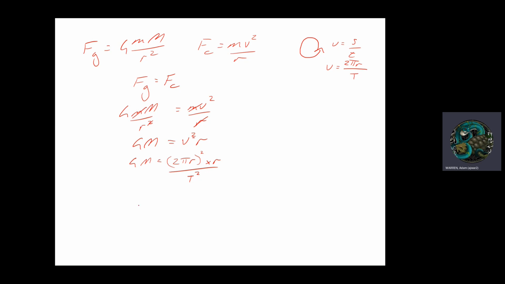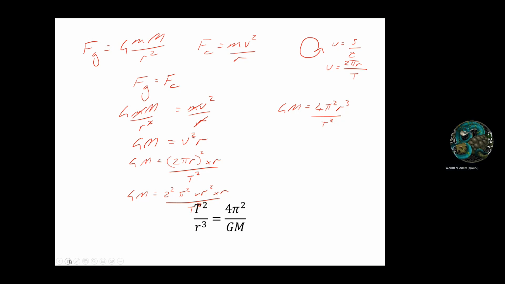So now let's expand that out and we get Gm equals 2 squared pi squared times r squared times r over t squared. Or if we simplify that, Gm will equal 4 pi squared r cubed over t squared. Now the rearrangement that it gives us is this.